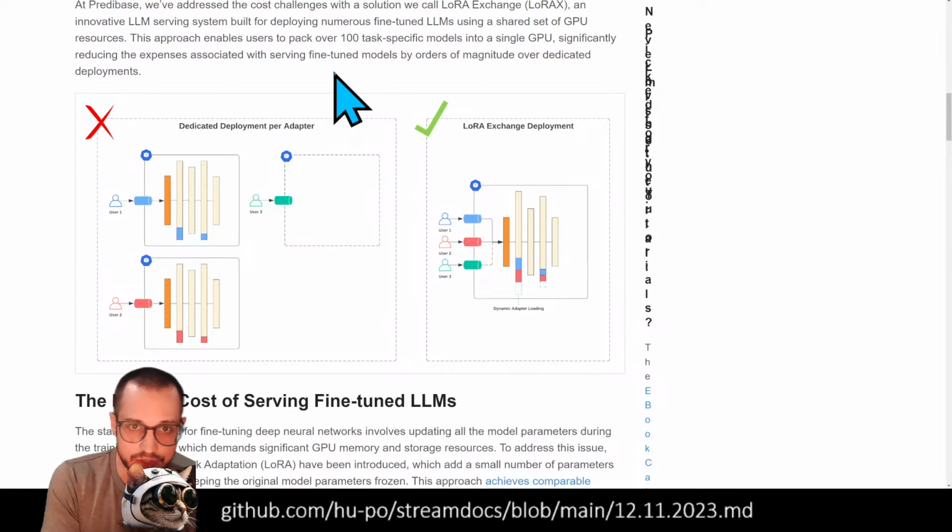If you're serving models for a set of customers, those customers are going to have different desires, and you're not going to be able to serve the same exact model for all of them. You're going to have a different fine-tuned model for different customers, for different use cases. So how do you do that in a way that's efficient?